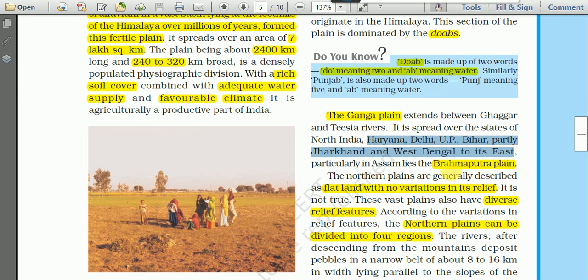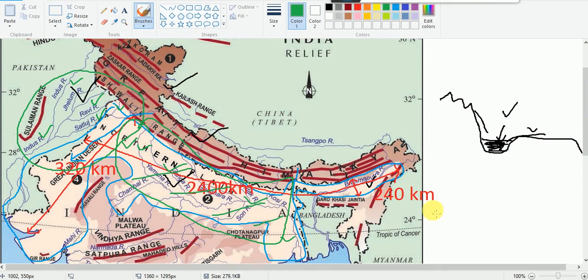And in the east we have the Brahmaputra Plain. Again, let us see this map. This section in Assam between Tista and the Dihang River is known as the Brahmaputra Plains or the Brahmaputra Valley. So these are the 3 divisions of the northern plains.